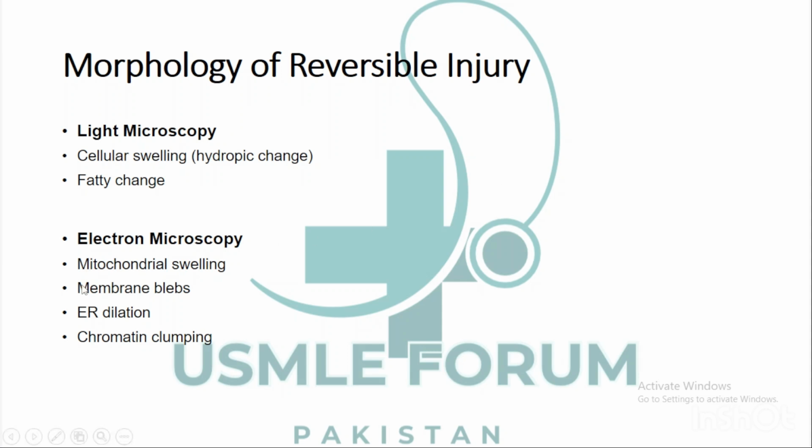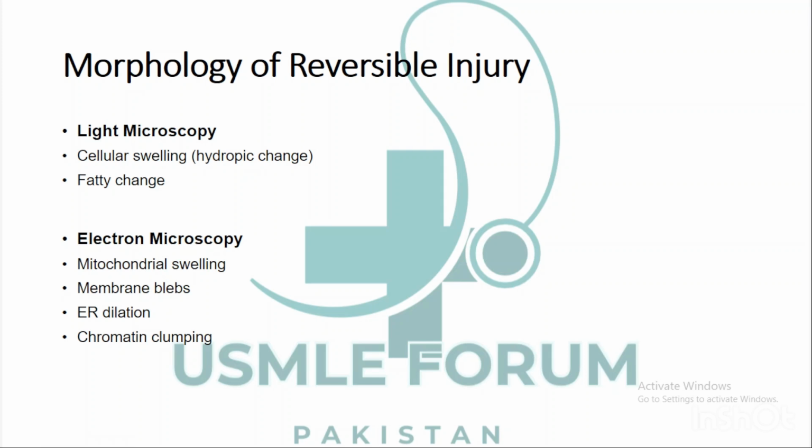Now, the changes that are seen in the electron microscopy are mitochondrial swelling, membrane blebs, ER dilation, endoplasmic reticulum dilation, and chromatin clumping, which I already explained, that there are chromatin changes, right?